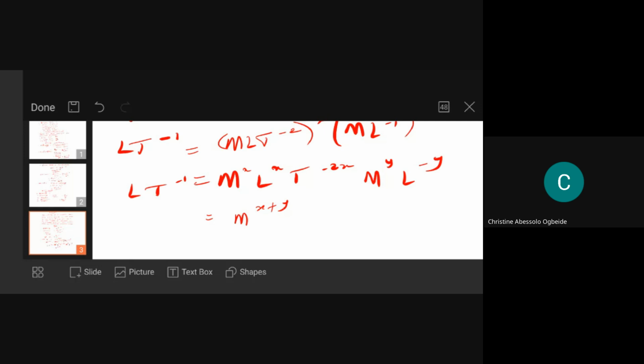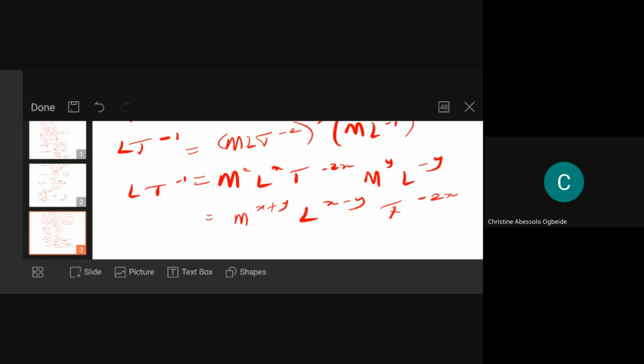Now L appears twice also. I pick my L, and I have x minus y, and T appears just once, so I write T^(-2x). Those are the things I have after applying the laws of indices.